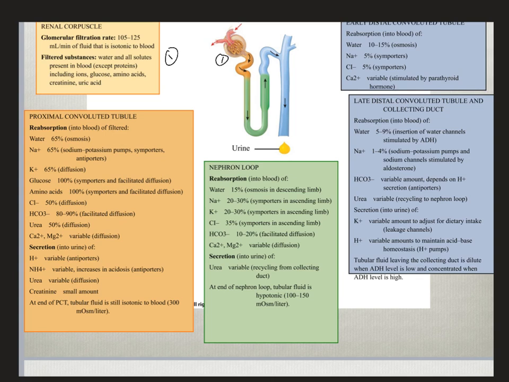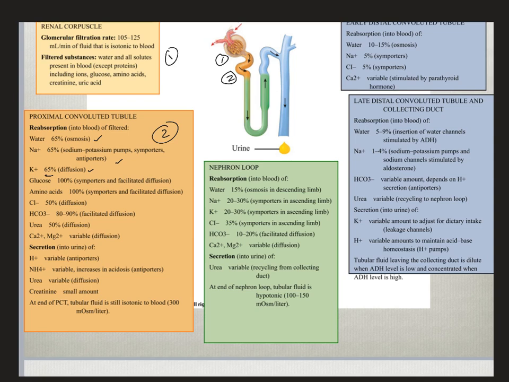Then we work at our proximal convoluted tubule right here, and then we can mark this number 2. We can see what's being reabsorbed: water 65%, by osmosis; sodium 65% via our sodium potassium pumps, utilizing our symporters and antiporters. We have potassium here 65% via diffusion.